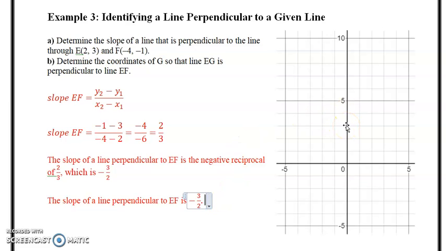Alright? So the B part says determine the coordinates of G so that EG is perpendicular to the line EF. Okay. So first thing you do is draw the line EF. Once you have the line EF, then you can use the slope to pick another point on the line.